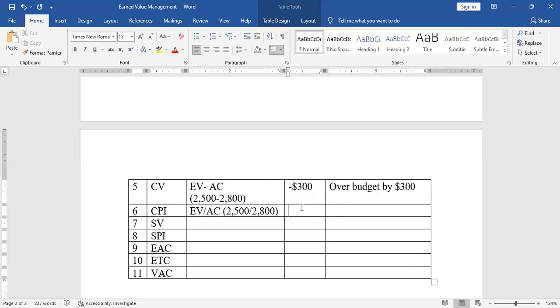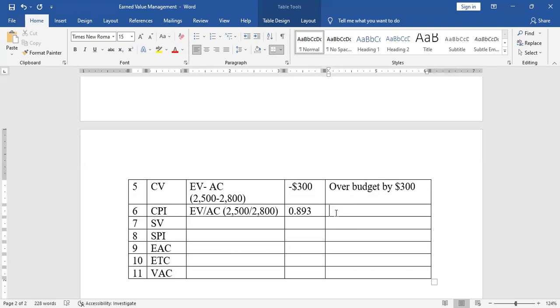Over 28, it's giving me 0.893, rounded off. Since we're interpreting things as cost, because it's cost performance index, we need to look at it as cost.